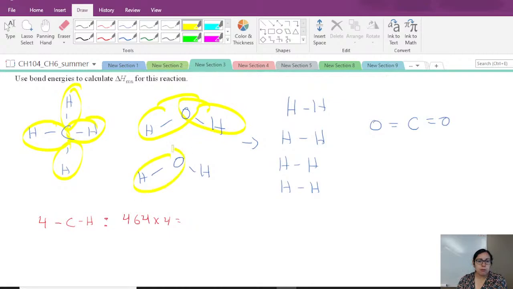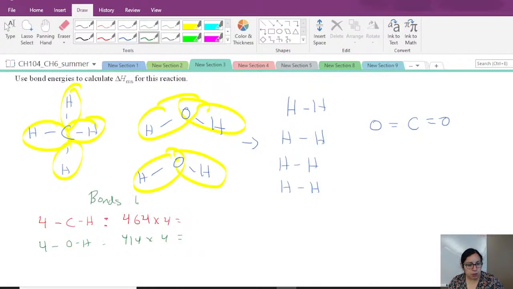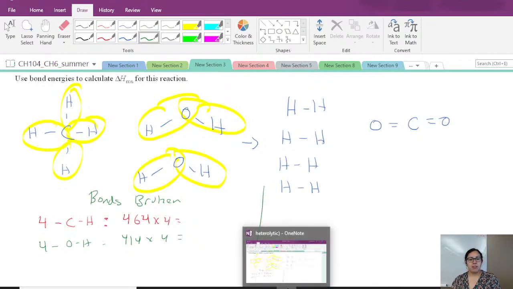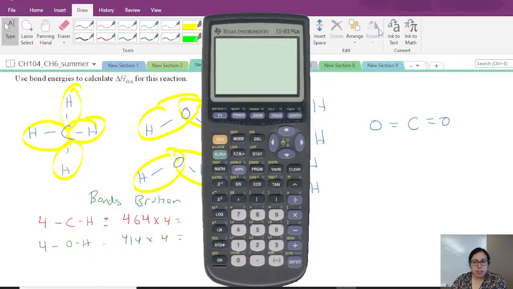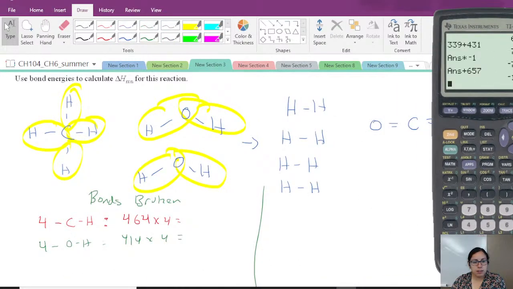And then 4 OH bonds that you have to break, so 414 per OH bond. So bonds broken: just do it very step by step. We could even do the math here, and if any of the numbers are wrong, just let me know.